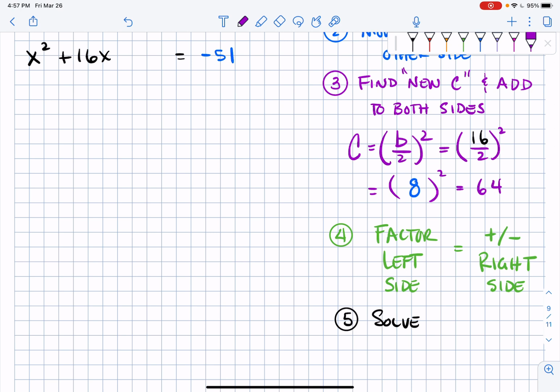So now I have to add it to both sides. So I add 64, add 64. So my next step is to factor the left side.